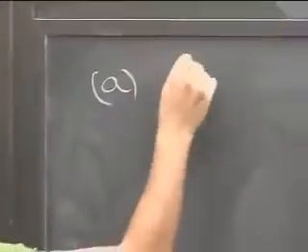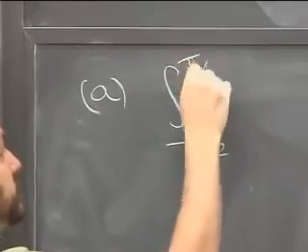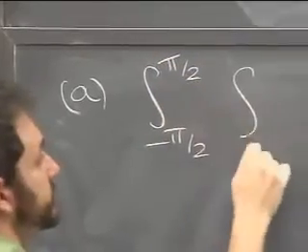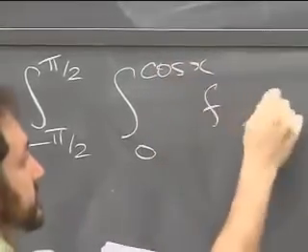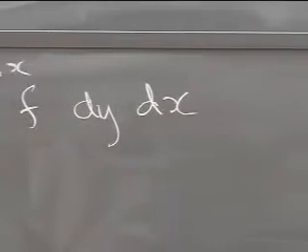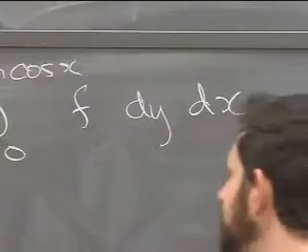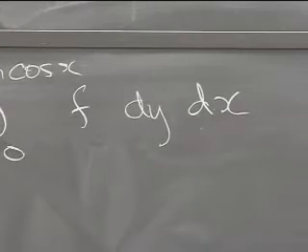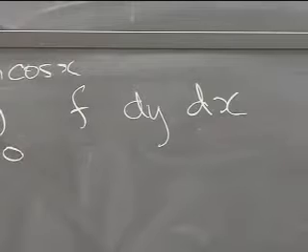So the first problem says the integral from minus pi over 2 to pi over 2, then the integral from 0 to cosine x of f dy dx. They're not really caring what f is. That's not what the issue is. F could be any function. They probably should have written f of x, y, dy dx, but whatever. It's more concerned about how to reverse the order of integration.